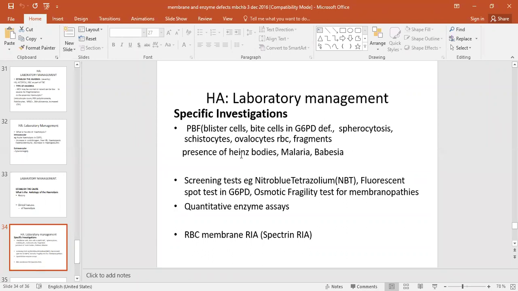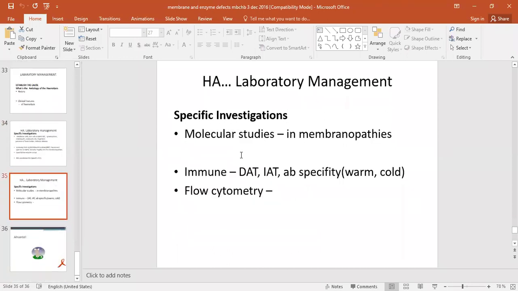Sometimes we can analyze the membrane enzymes using different mechanisms. Remember, we talked of electrophoresis, but you can also use other immunoassays to look at the various types of proteins, and that can tell you which of the proteins are affected.